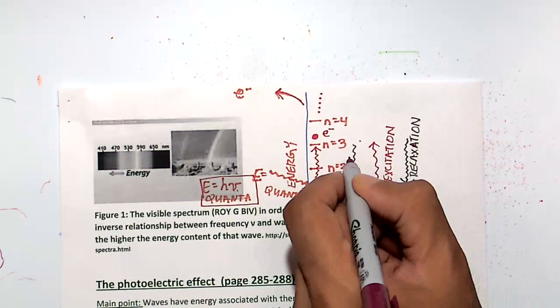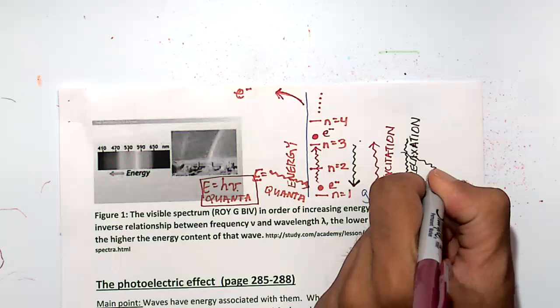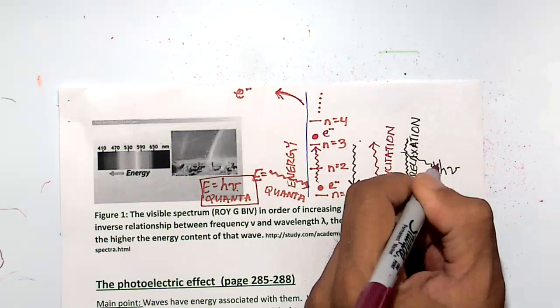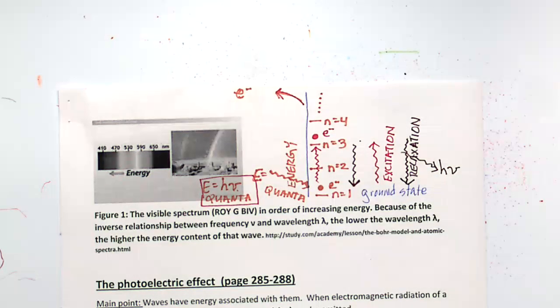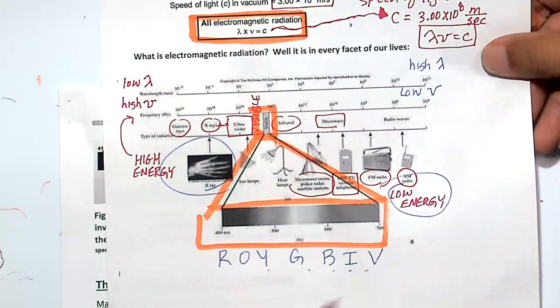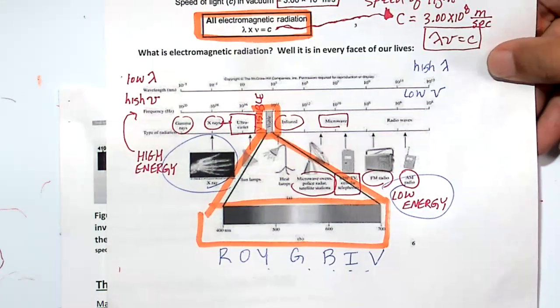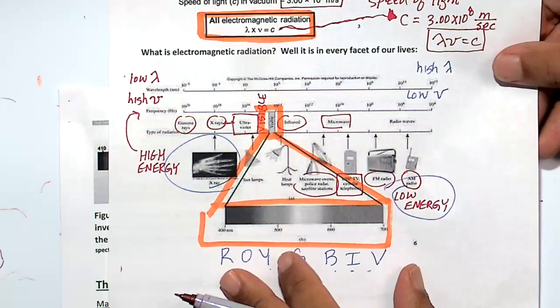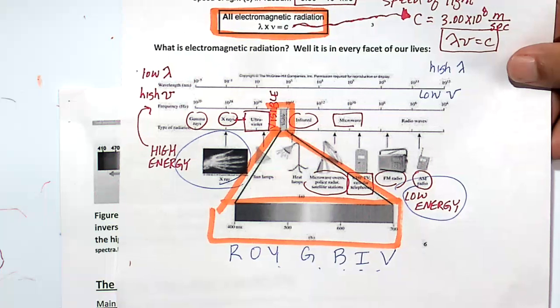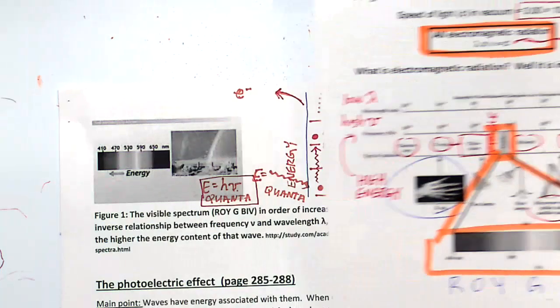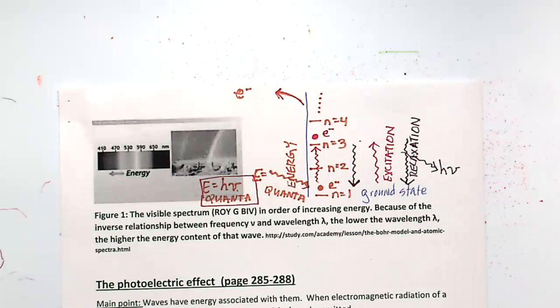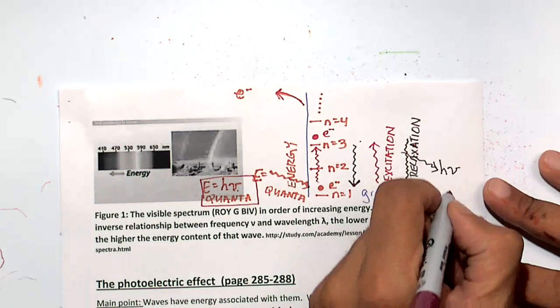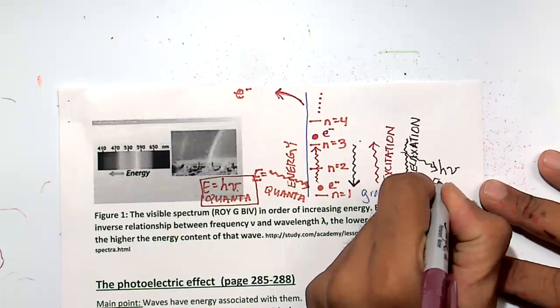It will give off energy that's somewhere in the electromagnetic spectrum. So the energy that it gives off, we're going to call that emission. So as it relaxes back to ground state, we have emission.